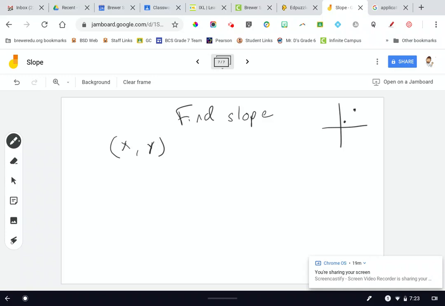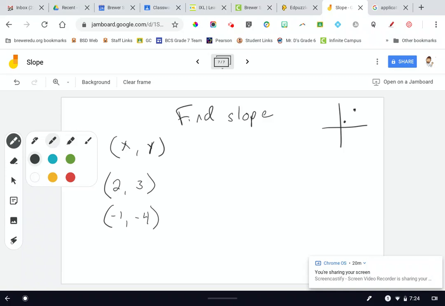Let's say we have a dot that is at 2, 3, and another dot that crosses perfectly at -1, -4.